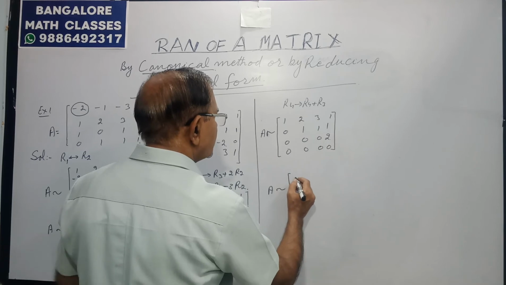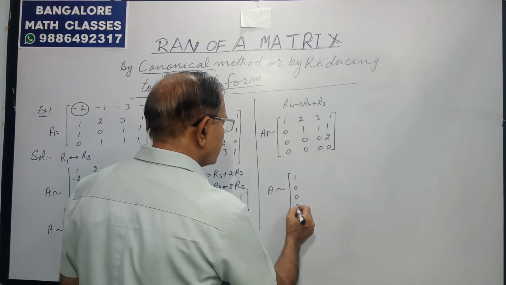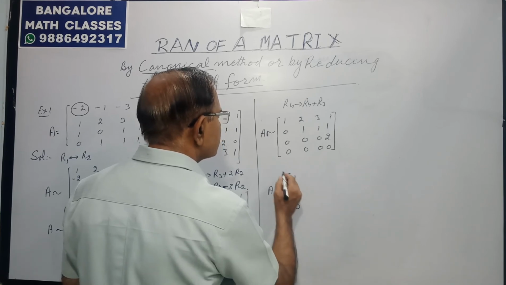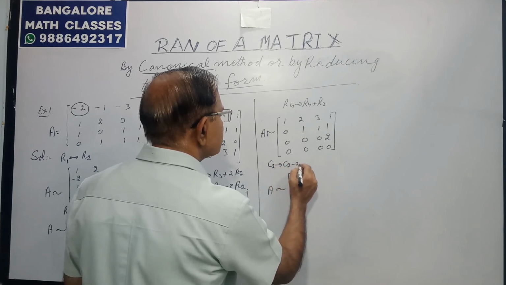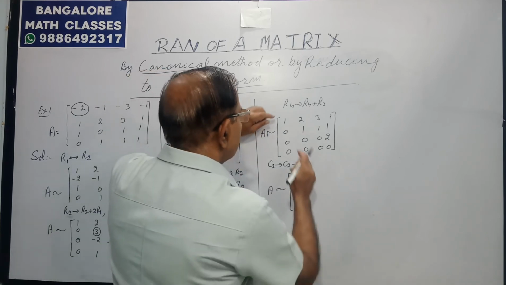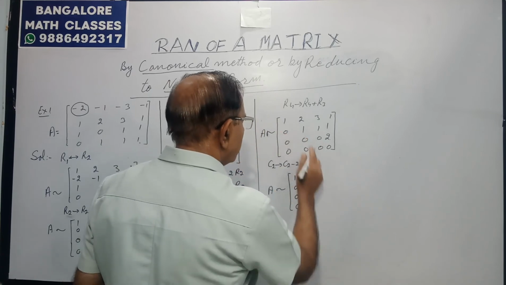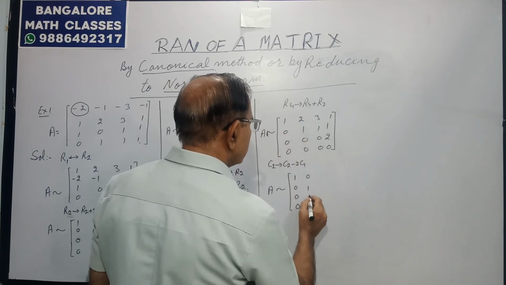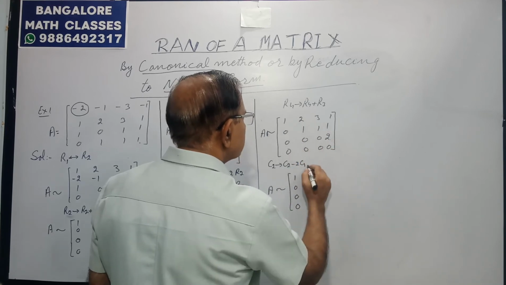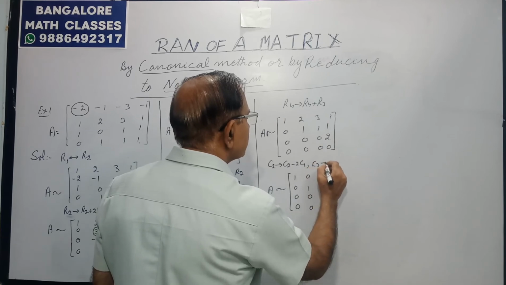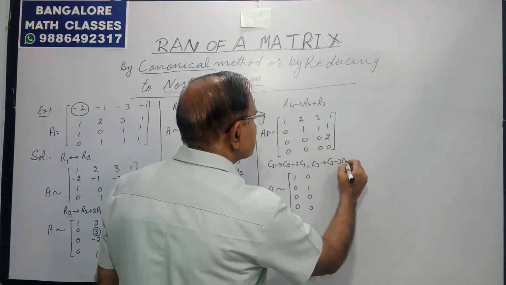First column I want to put as it is. Now I am going for column operation instead of row operation. Next I want C2 to C2 minus double of C1, that is 0. Then I want C3 to C3 minus triple of C1.